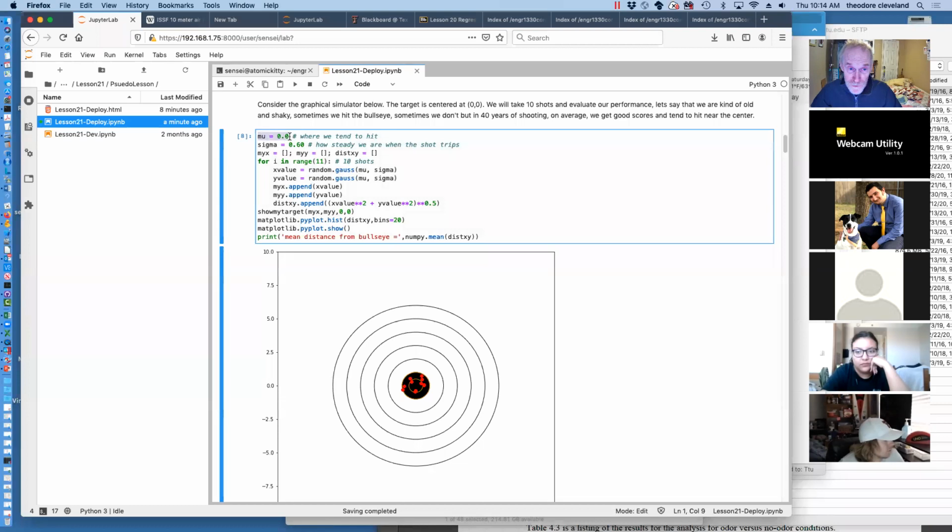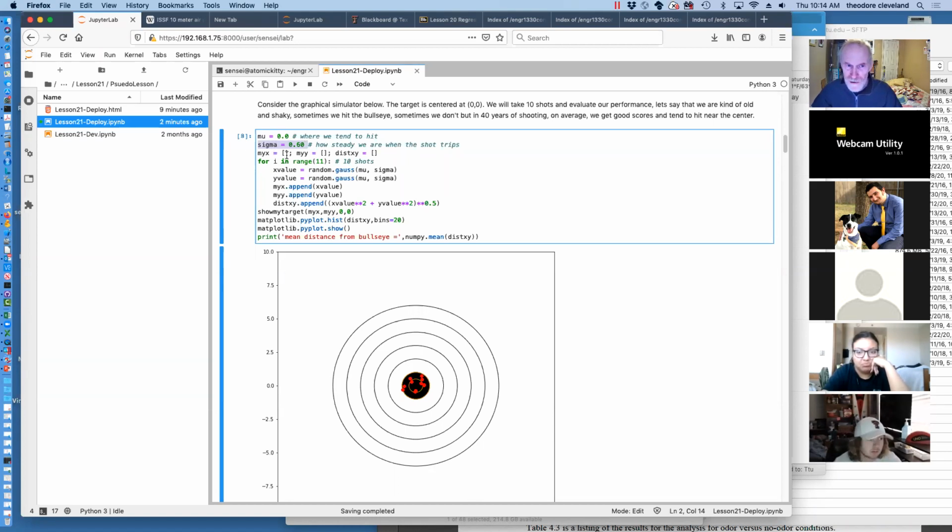ability to put the pistol on the target with mu, which is where we tend to hit on average, and we'll represent our ability to hold the device steady when we trip the shot by sigma. If we were getting really precise in competitive shooting, we would actually have 2 more metrics: how shaky we are because we're not doing our breathing right, and how shaky we are because we're twisting our wrists slightly as we trip the shot.